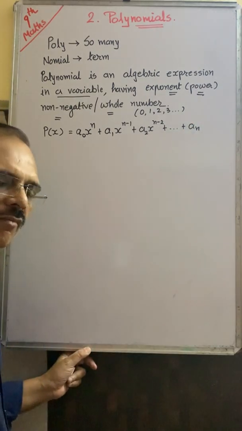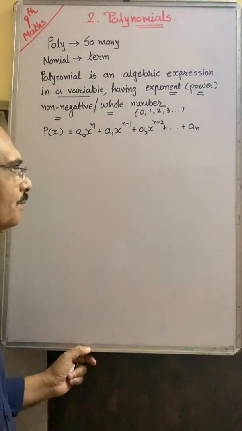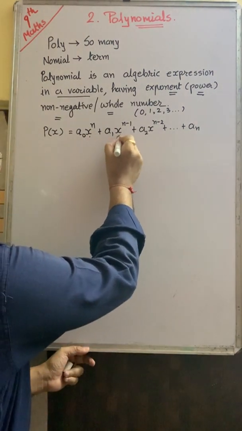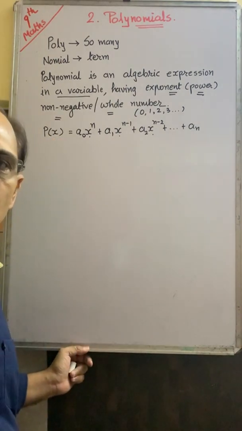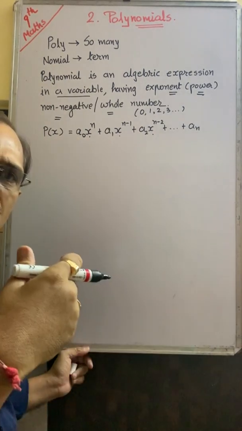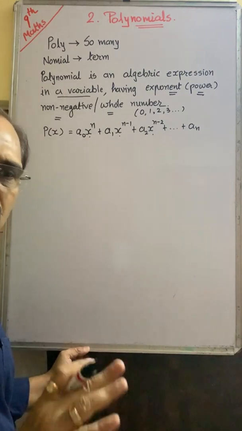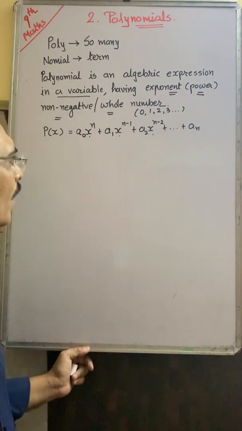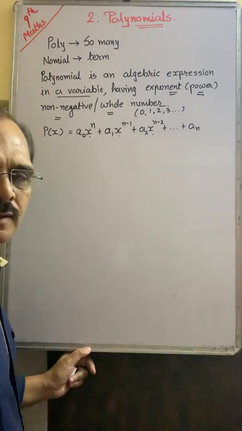See, little bit difficult? No, it is very easy. See here, x is used as a variable. That's why we write p over x, means polynomial over x. Maybe polynomial over y, maybe polynomial over t, etc. Means variables may be different. Now what is a0, a1, a2 up to an?